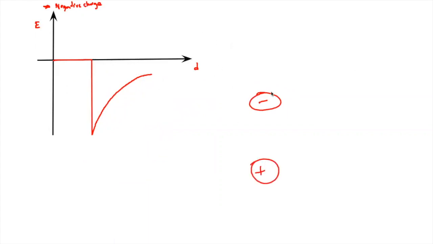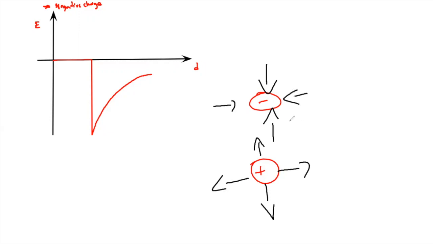Are both of them going to be like this? No, minus is going to be like this and plus is going to be like this, right? And that's why even their electric fields are going to have negative directions. I know these are lines of force.